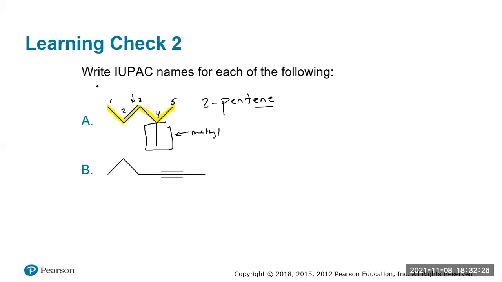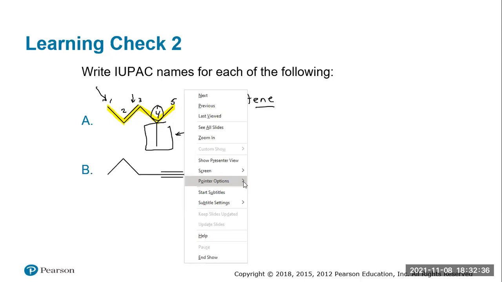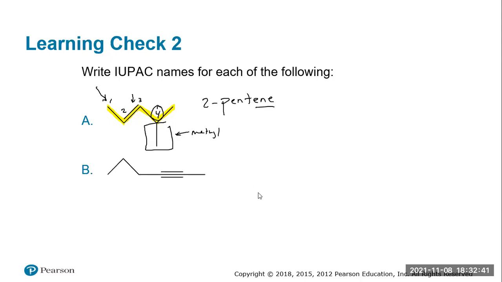And because we locked into place numbering in this direction, that means that our group there is at carbon number 4. I'll erase a little bit here so I can write it. Again, that will be then 4-methyl-2-pentene. Any questions on that name there?